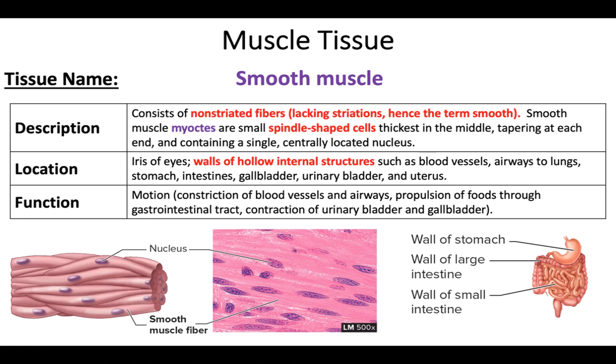The shapes are spindle shaped, largely found in hollow organs, and involuntarily controlled, and typically the muscle's there to move something that's on the inside of that hollow organ. Okay, so there's smooth muscle.